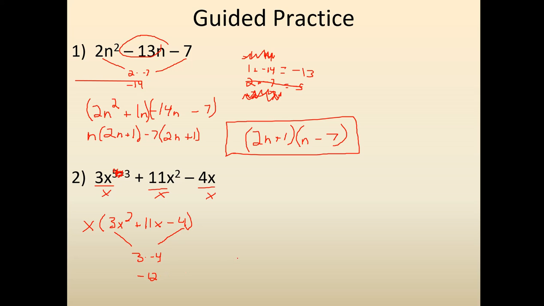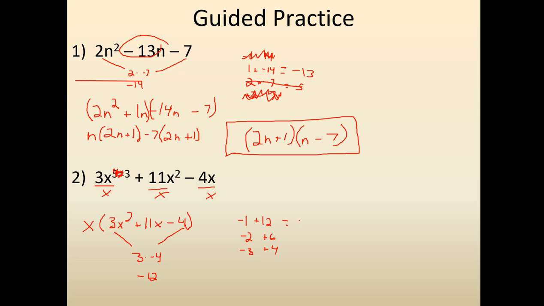So two numbers that multiply to negative 12 and add to positive 11. So it could be negative 1 and positive 12, negative 2 and positive 6, negative 3 and positive 4. Notice I'm not doing the negative of these because, again, this is a positive number, so my bigger number is positive.